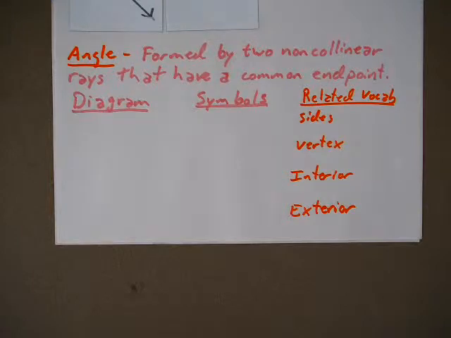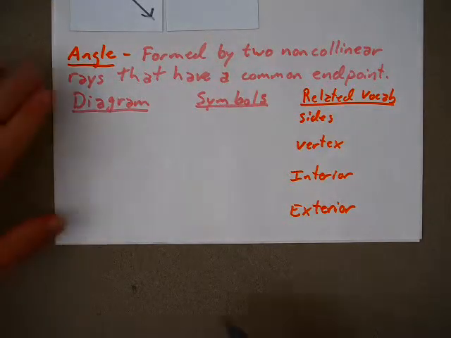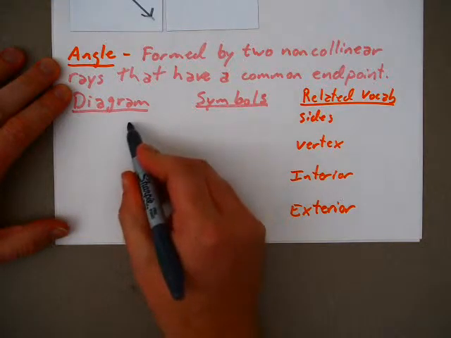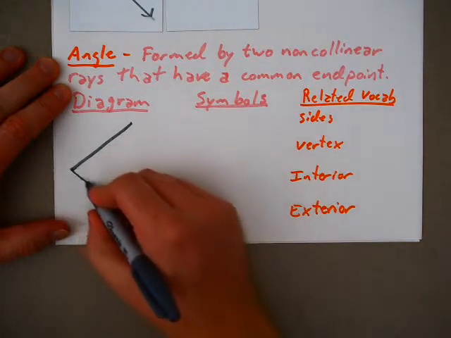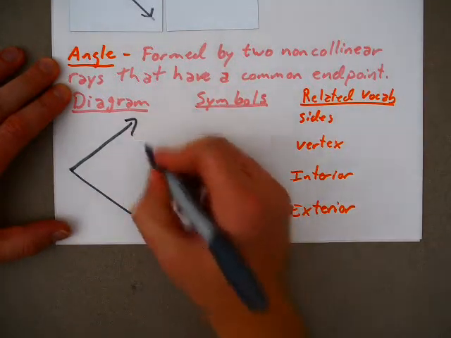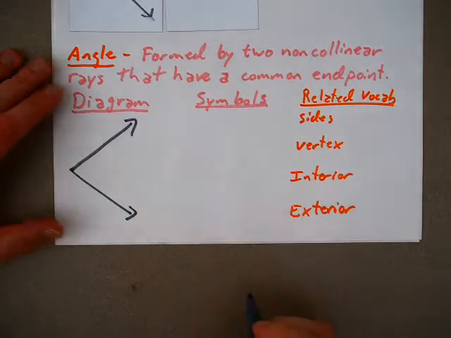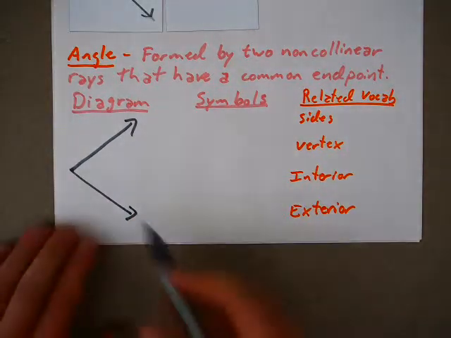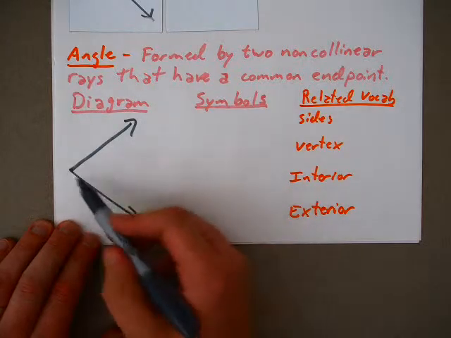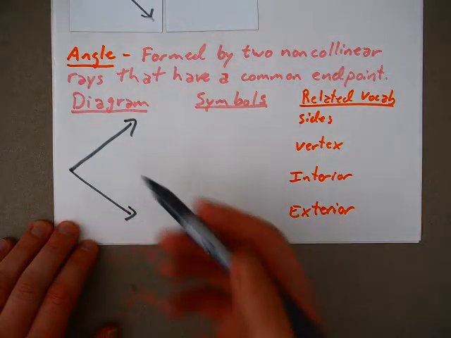An angle is formed by two non-collinear rays that have a common endpoint. So if I was to draw a diagram, we have a ray here, we have a common endpoint, and so we have there an angle.